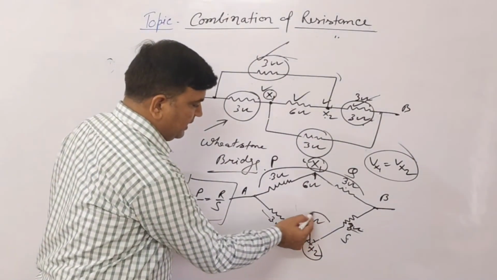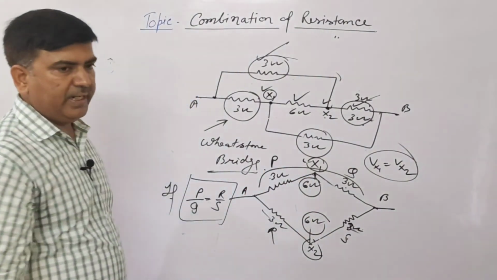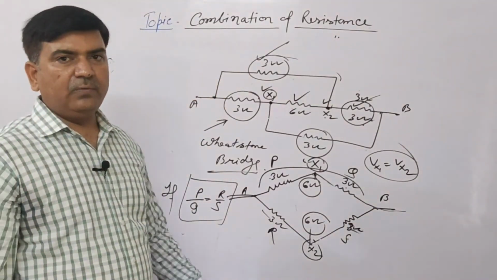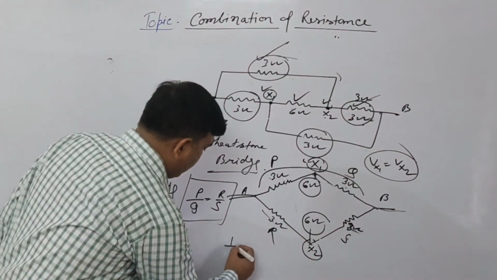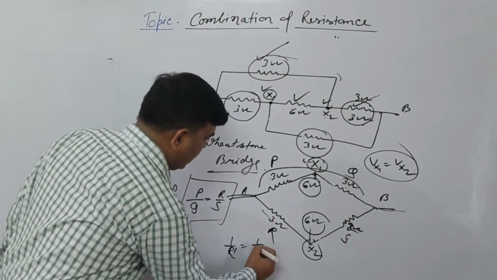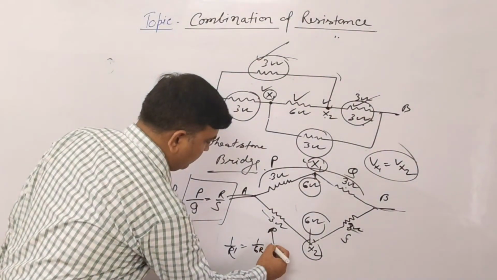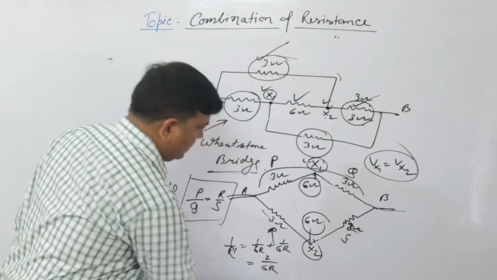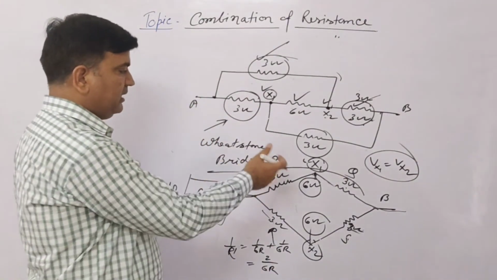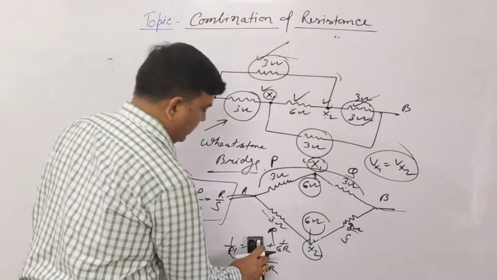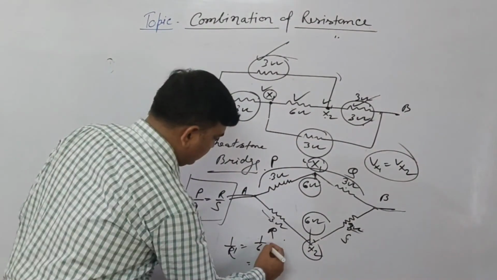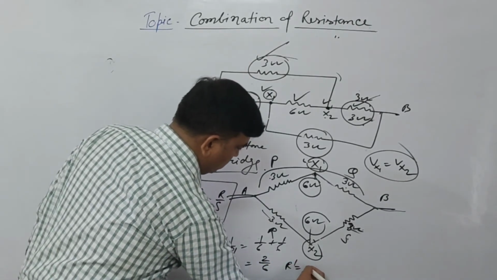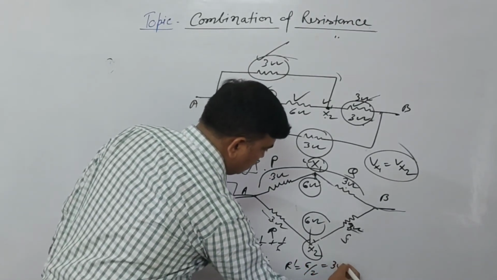One single resistance 6 ohm and 6 ohm both are joined in parallel between the points A and B. So now apply the parallel combination formula. 1 by R dash equal to 1 by 6 plus 1 by 6, equal to 2 by 6, and now R dash equal to 6 by 2, answer is 3 ohm.